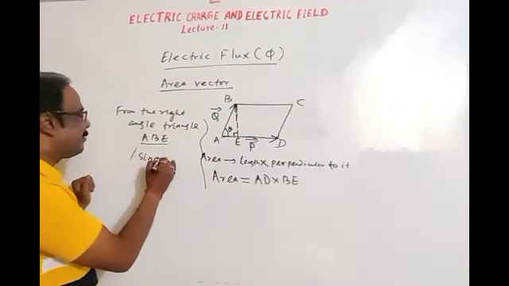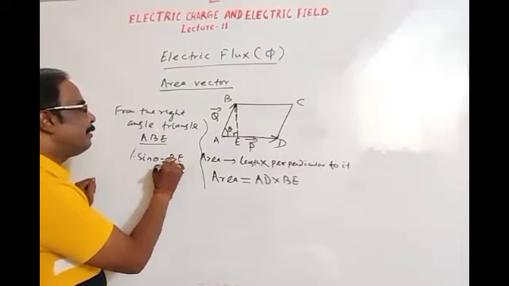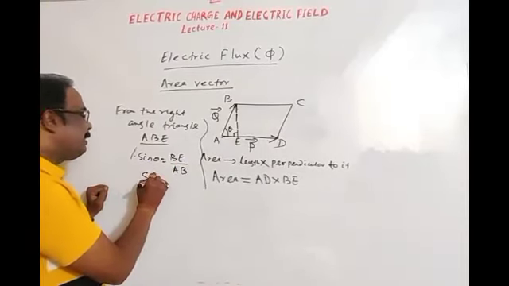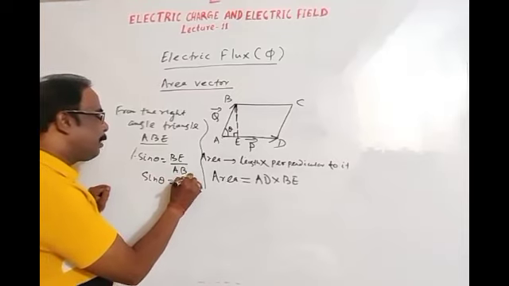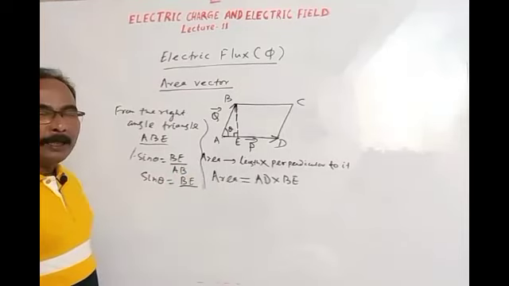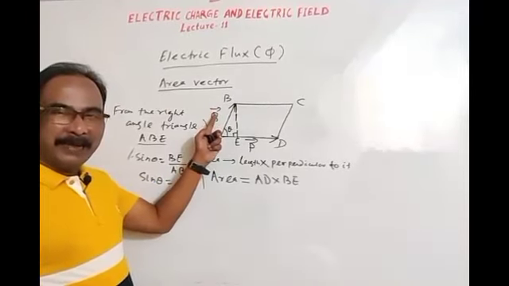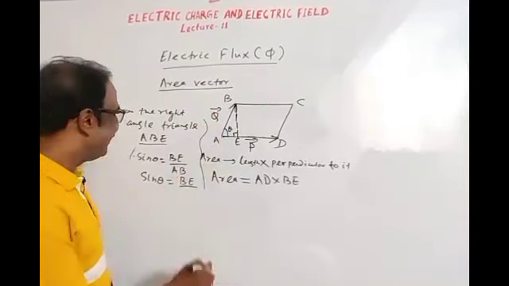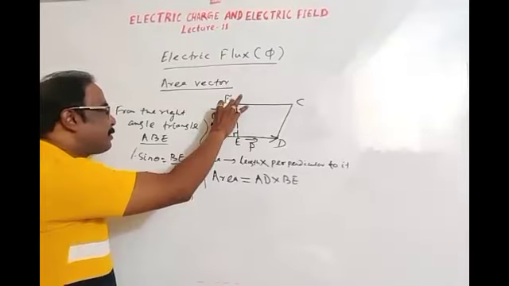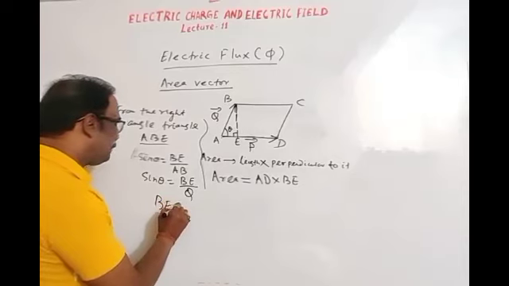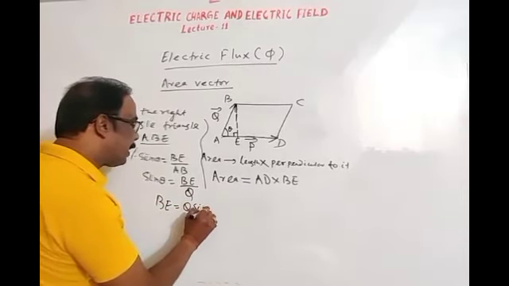Then sine theta is given as BE divided by AB. Then sine theta is equal to length of BE divided by length of AB, but length of AB represents magnitude of Q vector. Then we may represent here in place of AB the magnitude of Q. Then BE is given as Q sine theta.